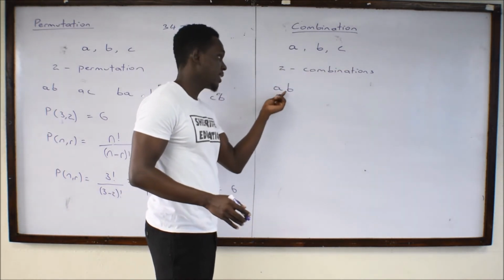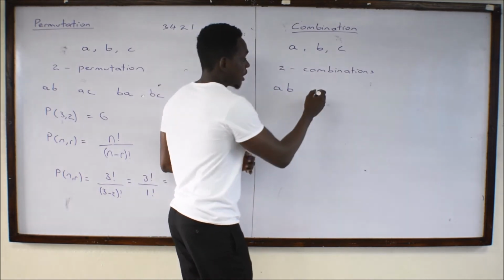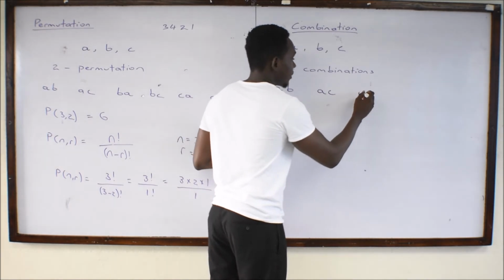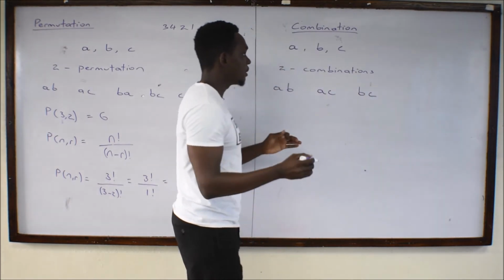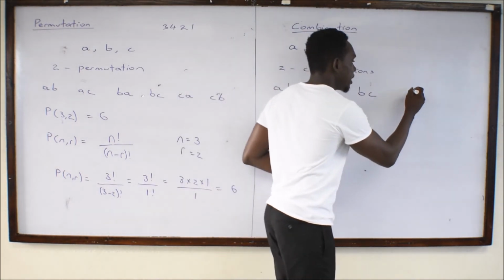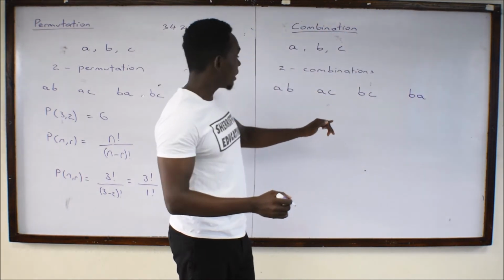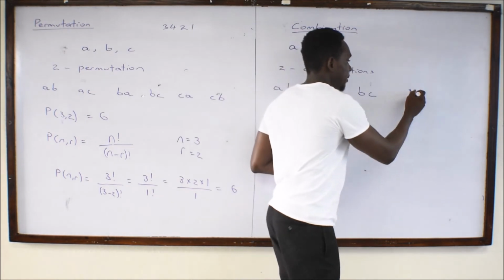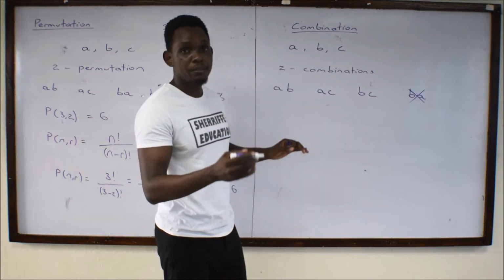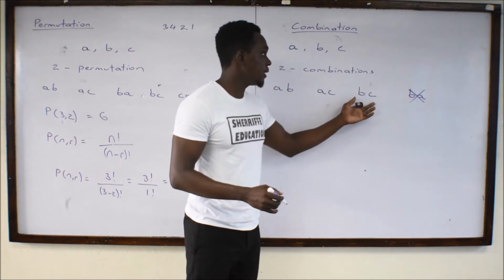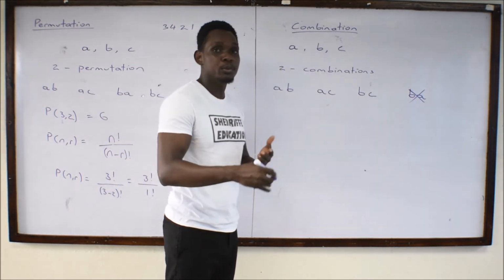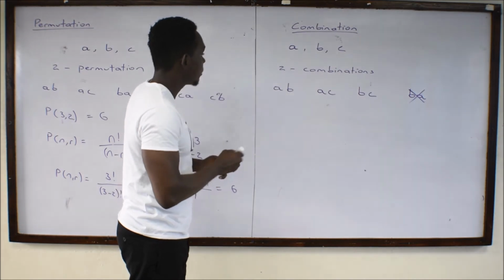I could select AB, I could also select AC, and I could also select BC. Now, if I selected BA, it would be the same team as AB, right? So that would be a redundancy. So we have only three combinations from this pool of people.